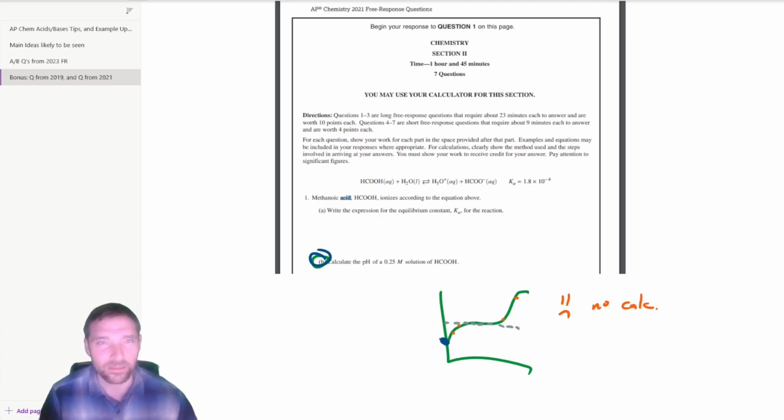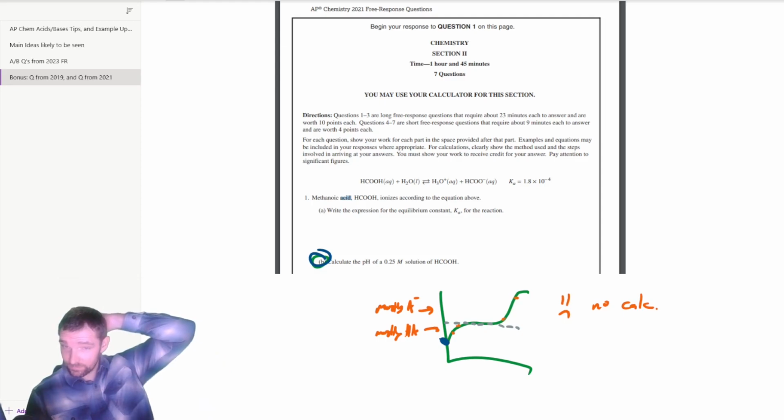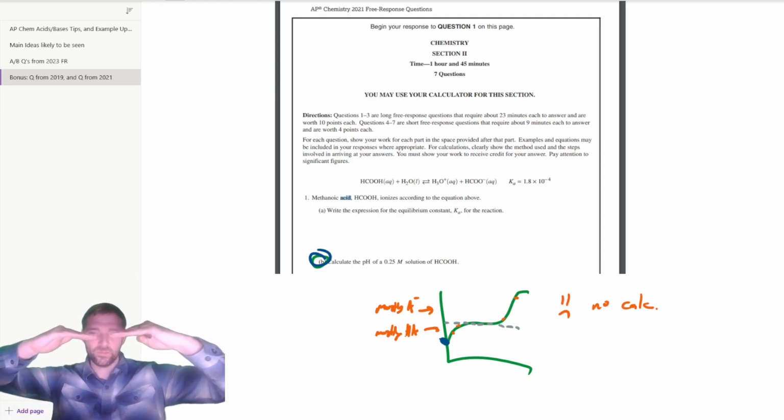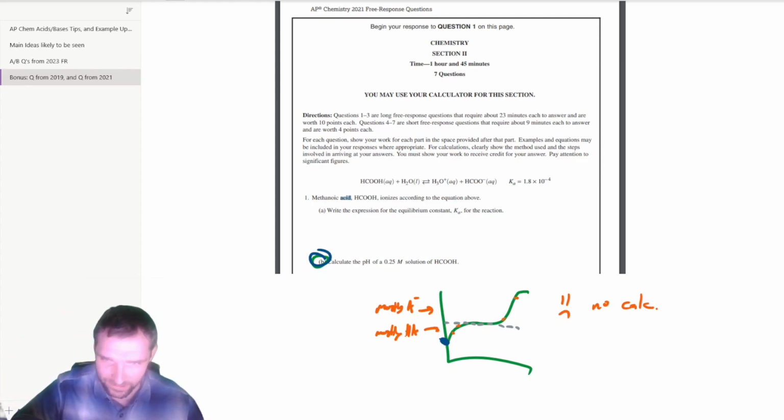I talked about this a bit in my previous video, but if you're down here versus up here, it's too acidic, so it's mostly the HA, and then here it's a little bit too basic, so this is mostly A minus. Above and below the half equivalence point, if they're equal to each other at that point, and you're too far one way or the other, one is going to be more present.